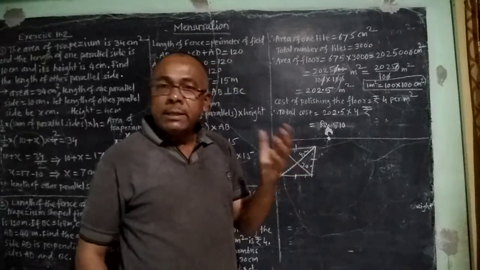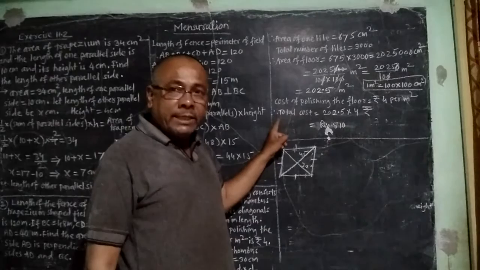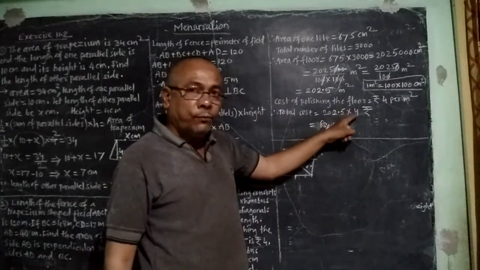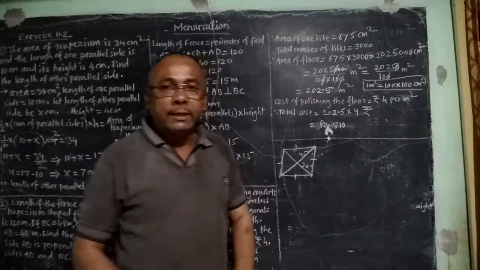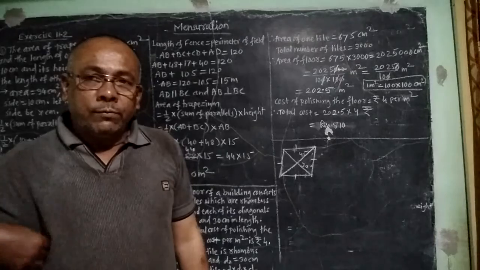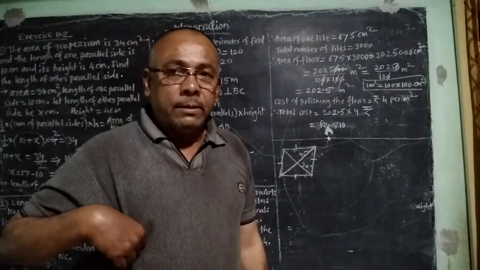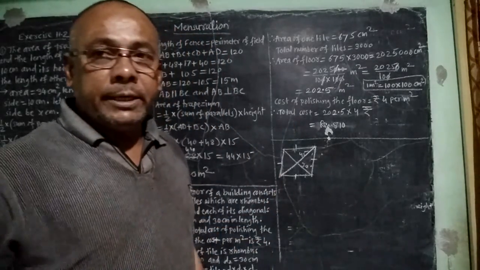Then we will get the total cost, and therefore total cost of polishing the floor is equal to 202.5 into 4, and that is equal to rupees 810. So to polish the floor, our total cost is rupees 810.